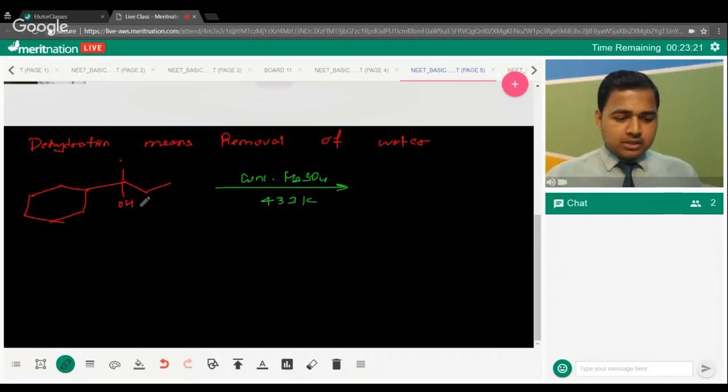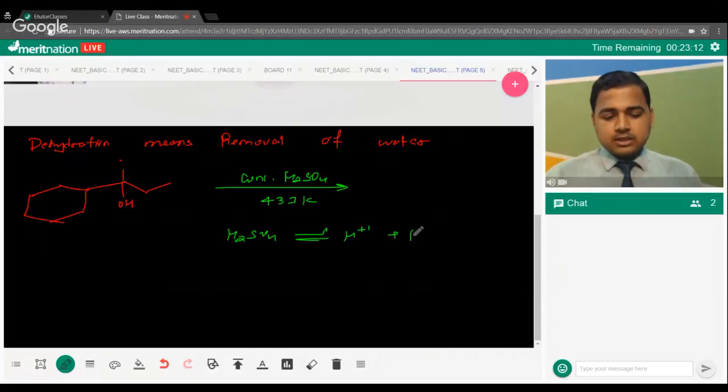So students, this H2SO4 releases H plus. This mechanism you know about.